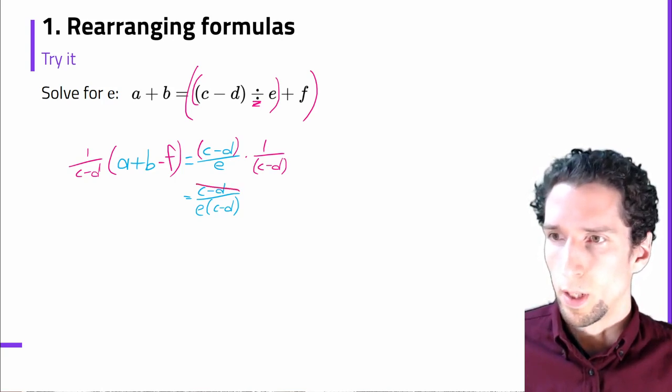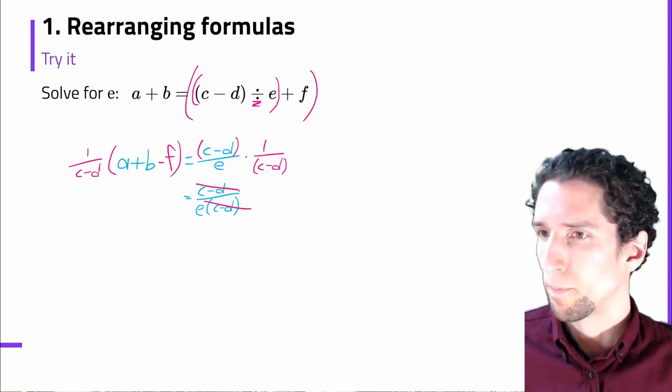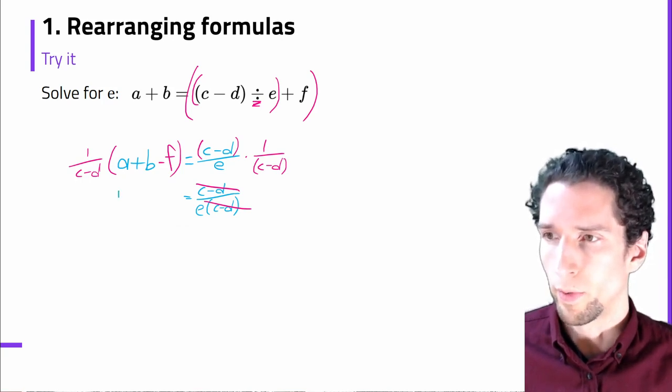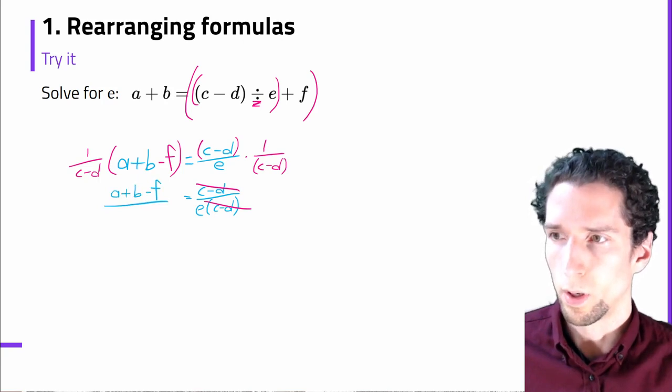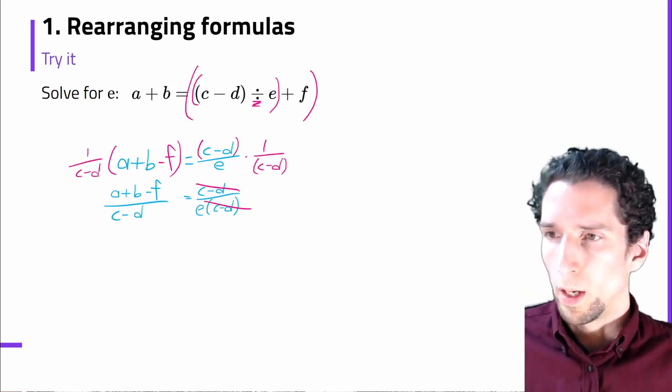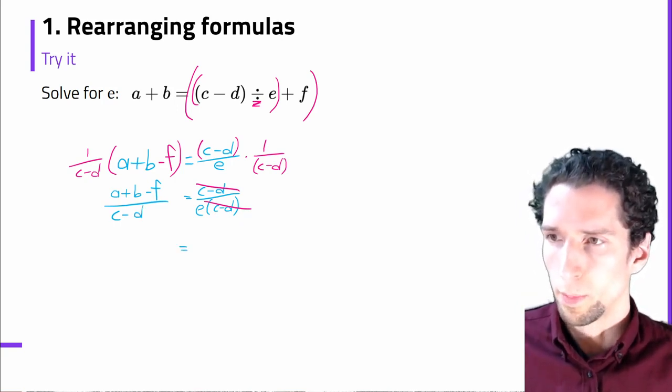So this and this will cancel out. And then on the left side, we will have a plus b minus f over c minus d, like this. Okay, so simplifying here, we will have 1 over e and a plus b minus f over c minus d.